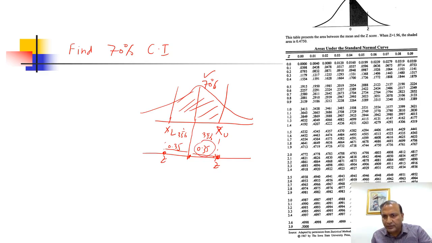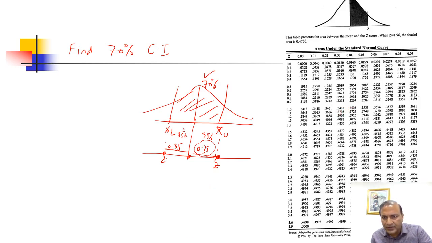So 0.35, let me bring the pointer. So inside I have to find 0.35. So this is 0.3508, this is 0.3485. So it means it is in between these two numbers. Okay, it is in between these two numbers.